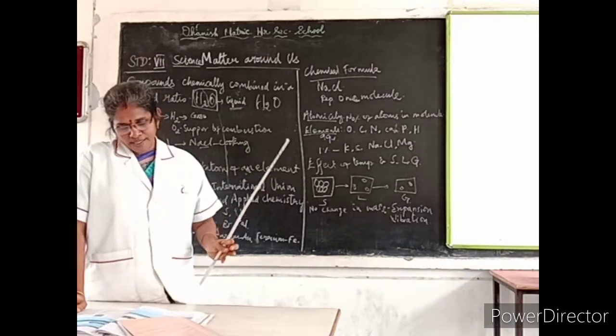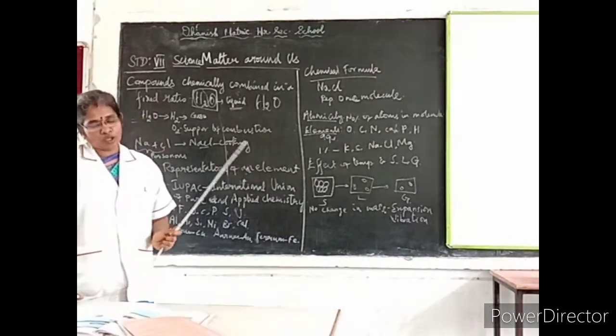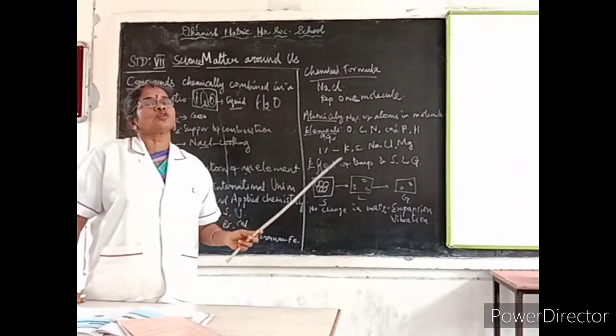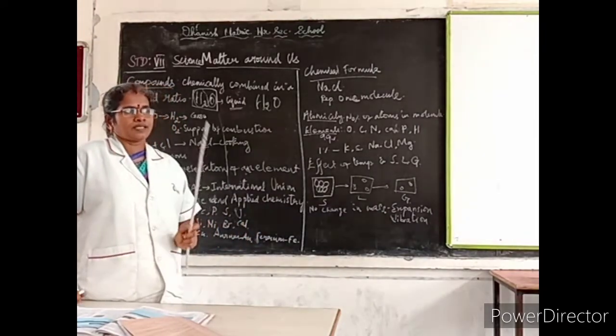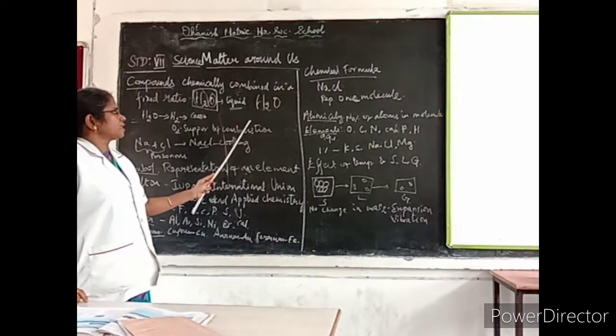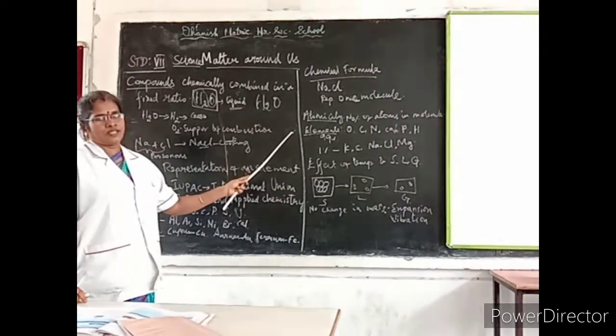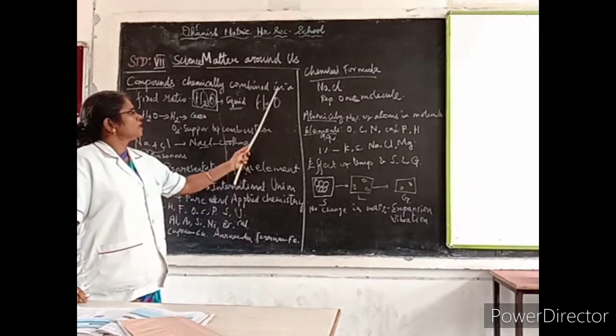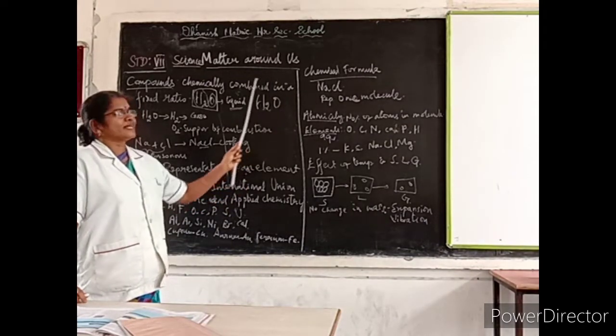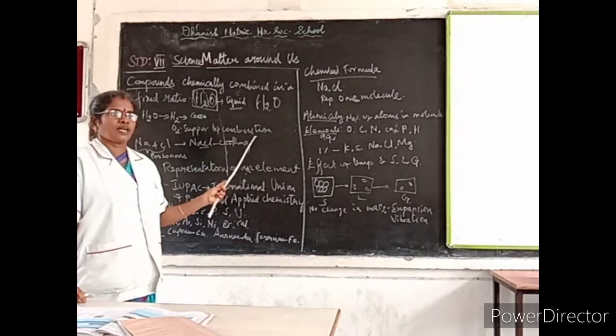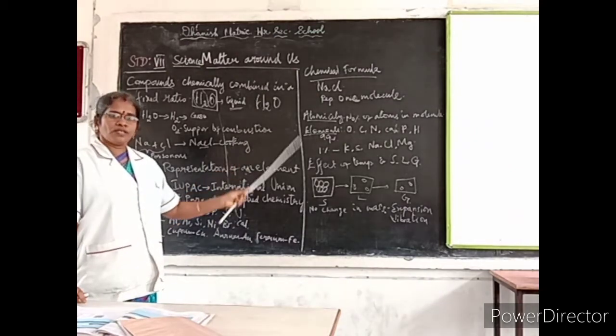The second one: the properties of a compound are different from those of its constituent elements. If you take water, it is a combination of hydrogen and oxygen. Very well you know both are gases. Hydrogen is a gas, oxygen is also a gas.